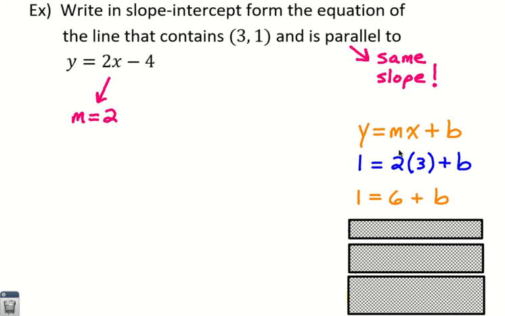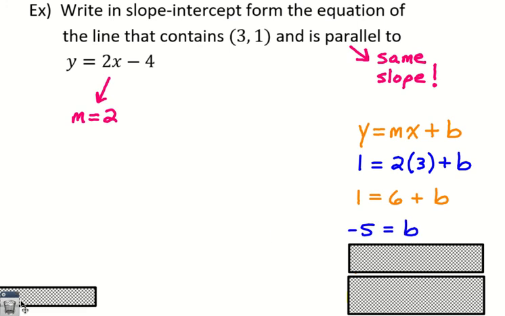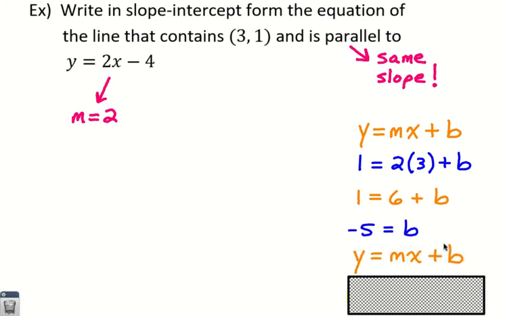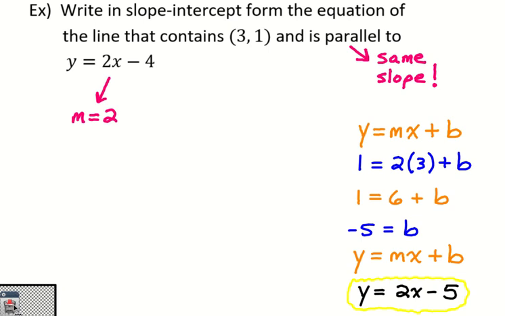And remember, this method is about plugging in for y, m, and x, just so we can figure out what b has to be. Turns out that b is going to be negative 5, and now that you know b as well as m, we know that our equation is going to be y equals 2x minus 5.